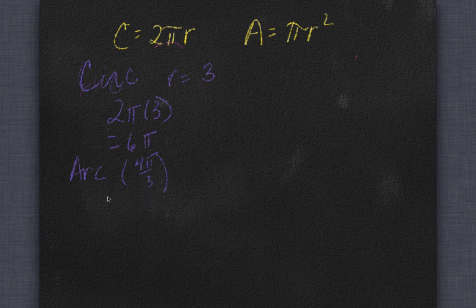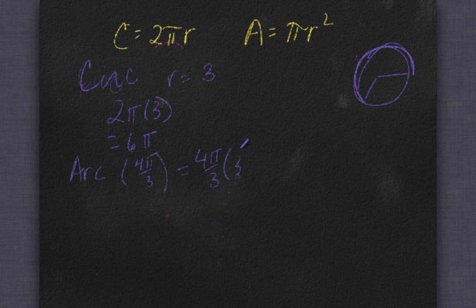So that's actually more than 180 degrees. That's going to look like this around. Then all I have to do is 4 pi over 3 times 3. Angle, radius. 3's cancel, 4 pi. Done.